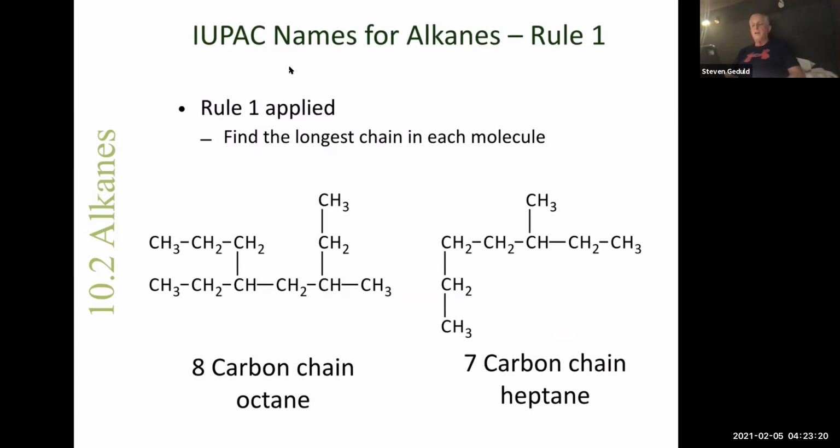Rule number 1 of naming these things is to find the longest chain. Let's look at this one here. What's the longest possible chain you can find? 1, 2, 3. If I went up, that'd be 4, 5, 6, but that's not right.